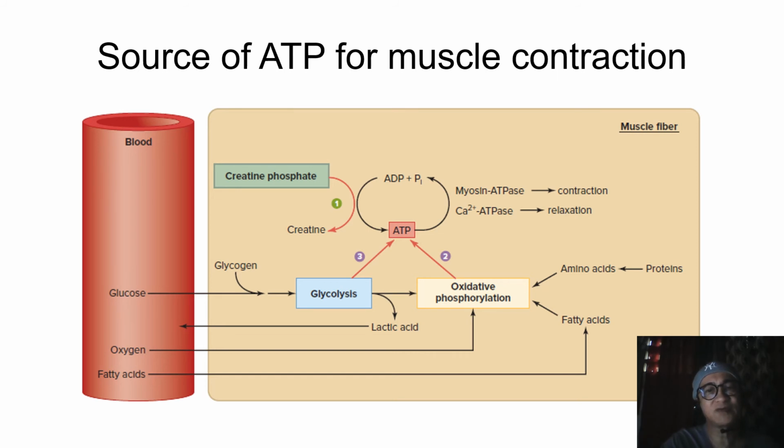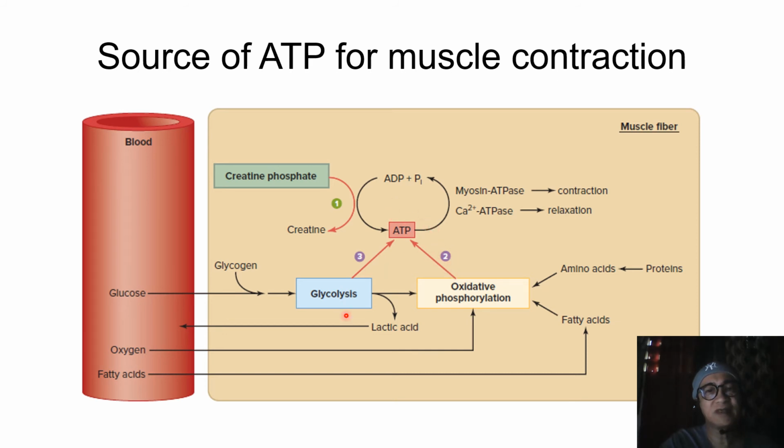There are three ways a muscle fiber can form ATP. One is by phosphorylation of creatine phosphate, which are small molecules produced from 3 amino acids and capable of functioning as a phosphate donor. The second is oxidative phosphorylation from the mitochondria.